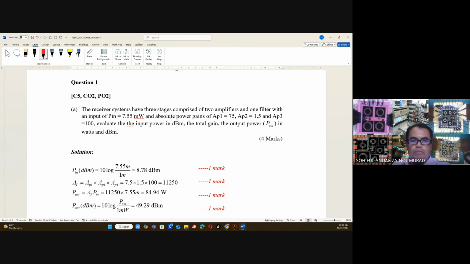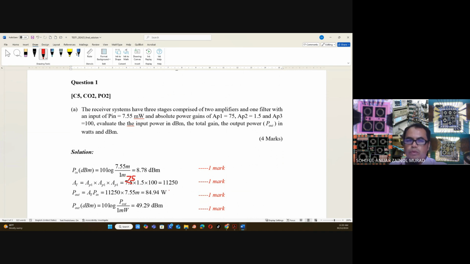So we get 8.78 dBm. And then the total gain. The total gain, we just multiply all the gains, unitless. So this is 75 times 1.5 times 100.